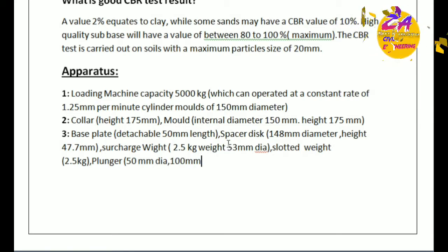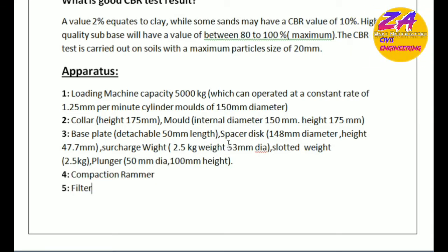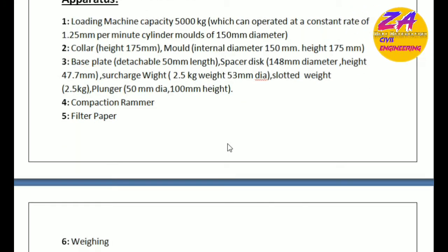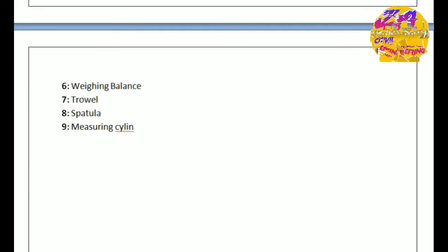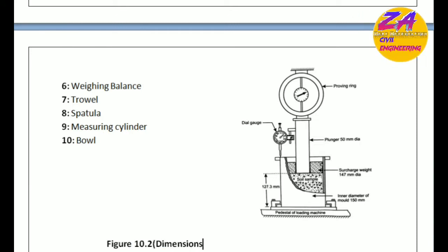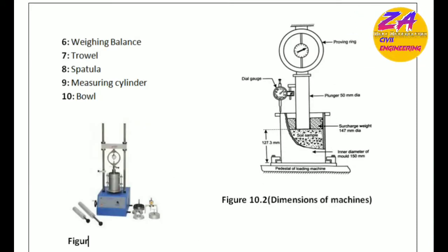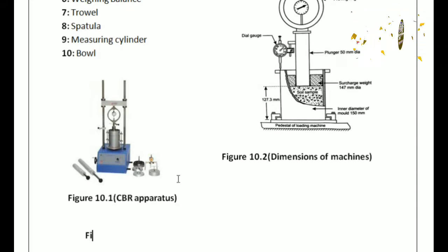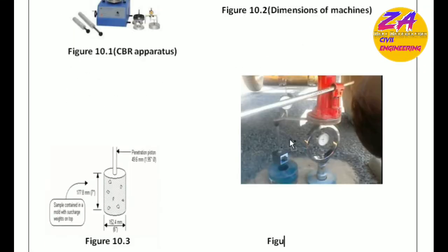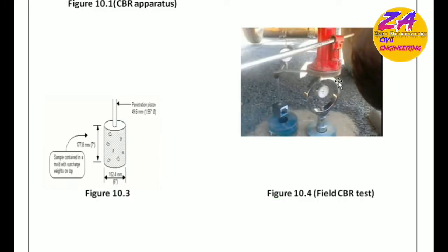These are the characteristics of this apparatus. Compaction rammers, filter papers. And the other apparatus used in the experiment: weighing balance, trowel, spatula, measuring cylinder and bowl. Right? And this is the dimension of the machine used in the experiment. CBR apparatus, this is a CBR apparatus. And after this, this is a figure of the mold, and this is a CBR test in the field.